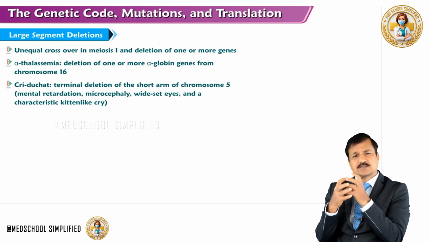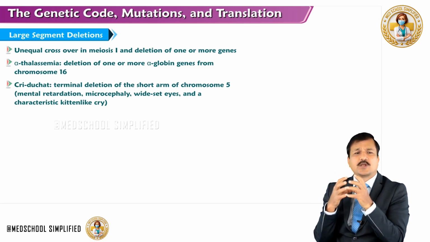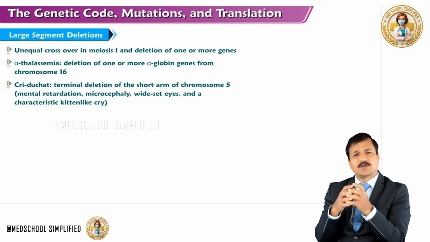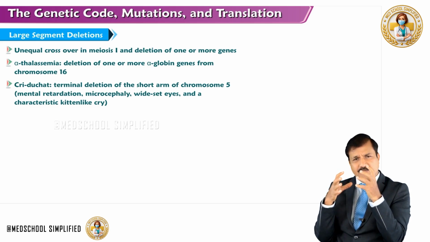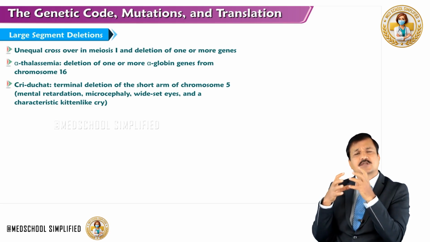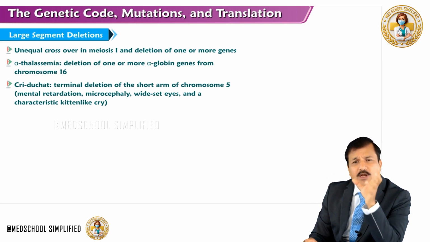On rare occasions, a crossover can be unequal and one of the two homologous chromosomes loses some of its genetic information. For example, alpha thalassemia is a well-known genetic disease in which an unequal crossover has deleted one or more alpha globin genes from chromosome number 16.